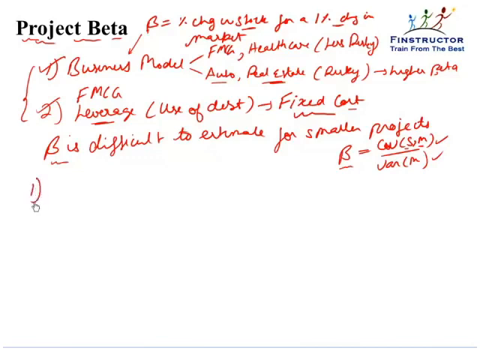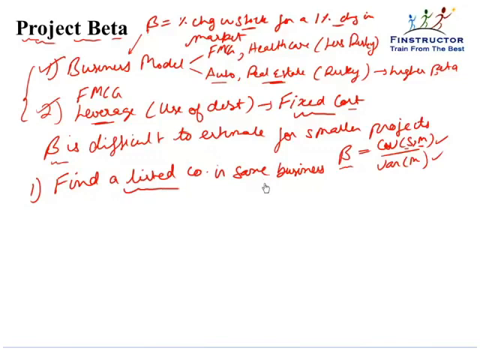First, we will try to find a listed company in the same business. Once we have done that, we at least have some indication of the beta from that listed company.